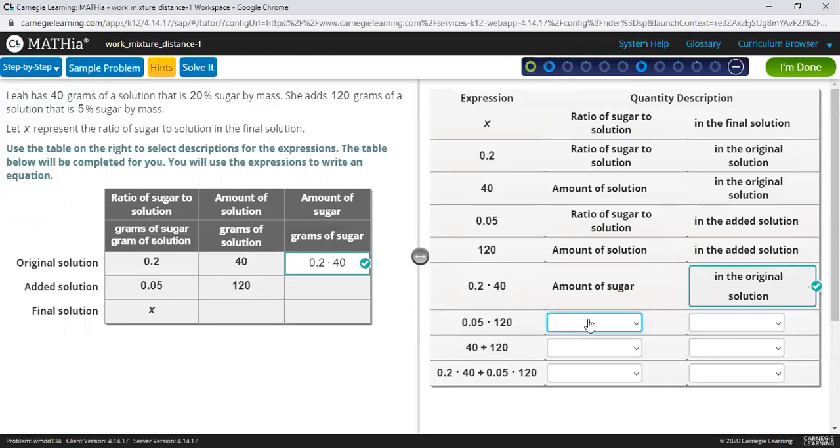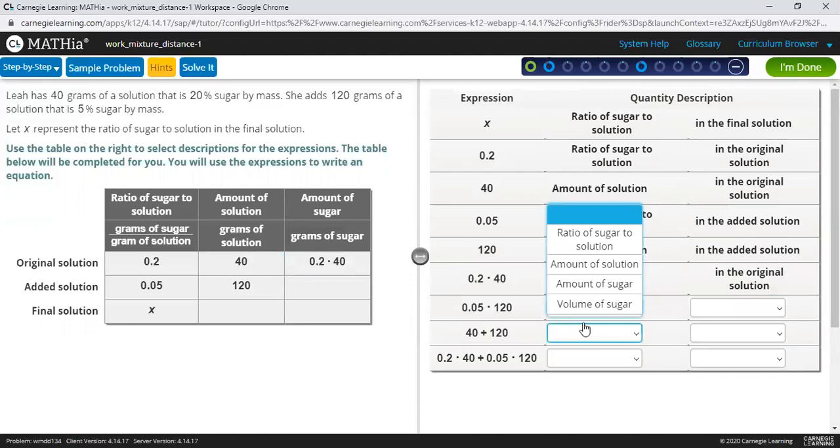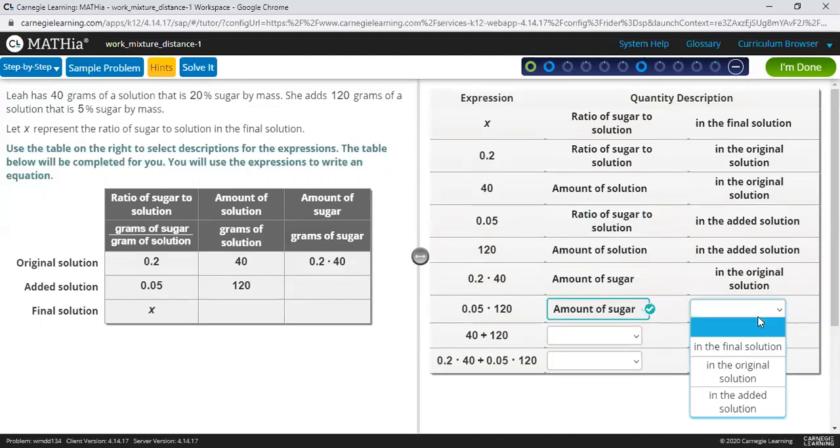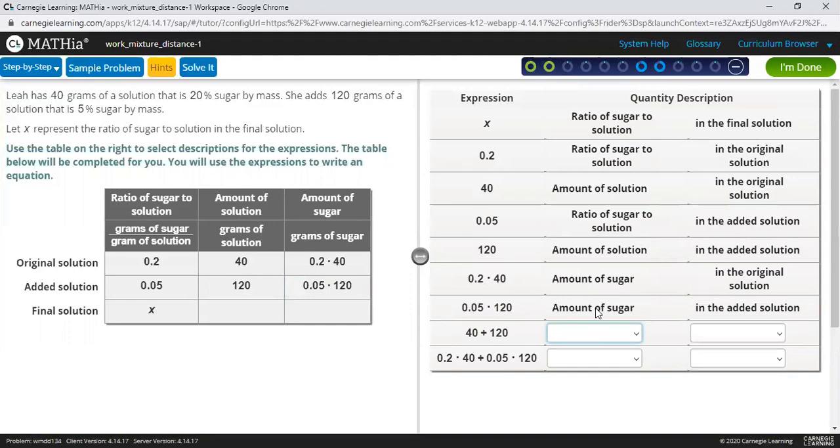And if we take the 5%, 0.05, and multiply it by 120, that's going to be the amount of sugar in our added solution. So 20% of that 40 grams is sugar, and 5% of that 120 grams is sugar, the amount of sugar in each of those solutions.